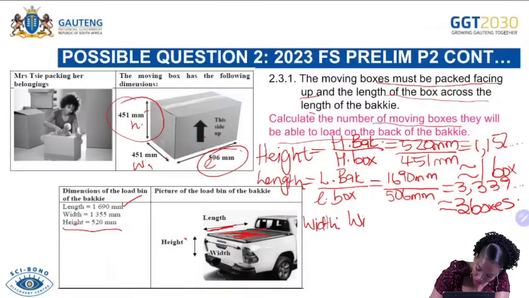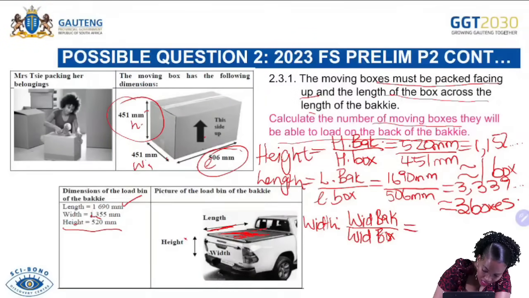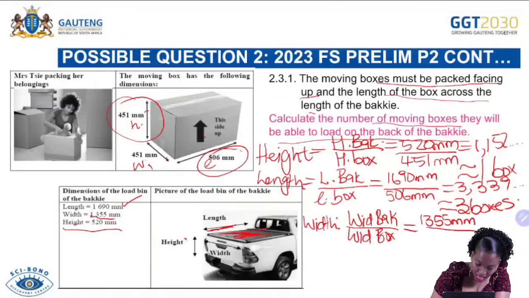And then let's do it across the width. It would be the width of the bakkie against the width of the box. So what is the width of the bakkie here? It is 1355 millimeters, and then the width of the box is 451 millimeters.